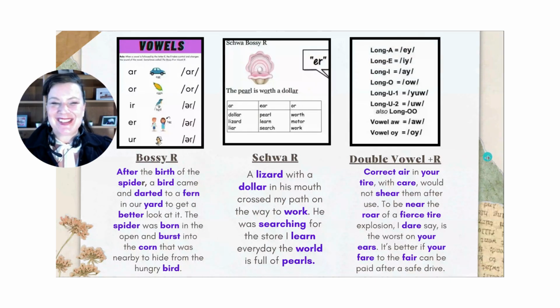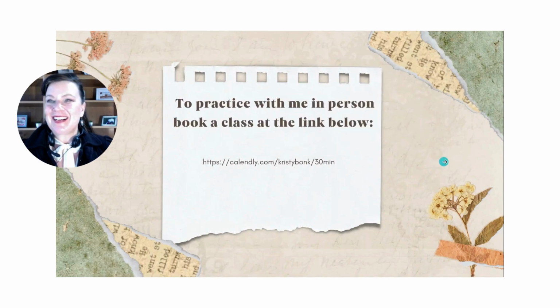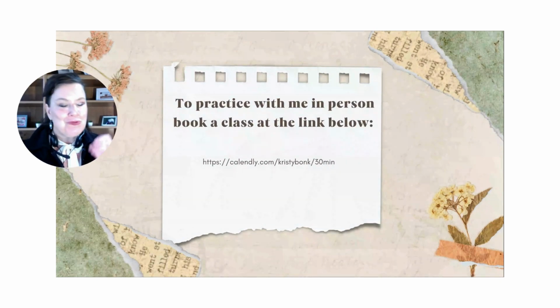Nicely done. So the rhotic R is really distinct, really influential in a lot of sounds, especially in combination with our vowel sounds.